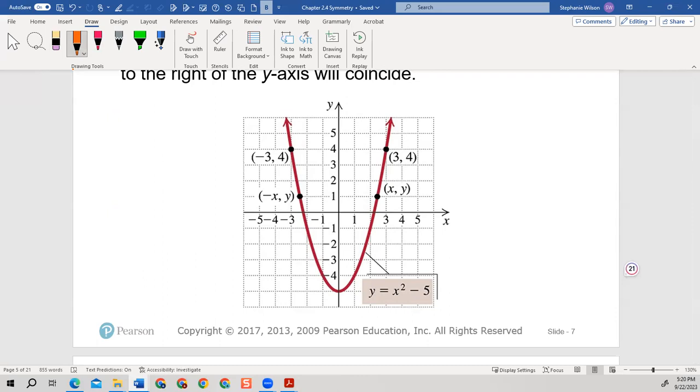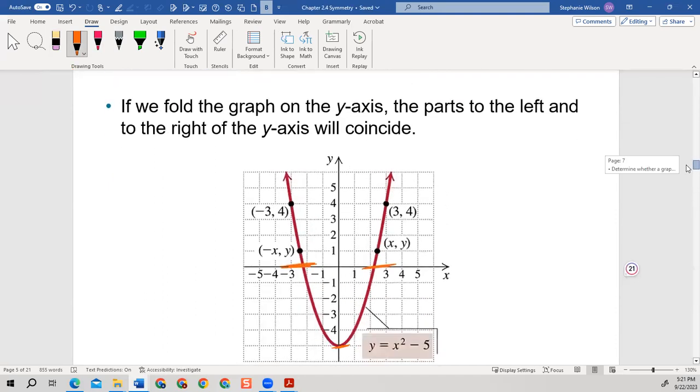We are crossing the x-axis at these points, on each side of the parabola. And then the belly sits on the y-axis. If this had opened downward, we wouldn't have crossed the x-axis, right? So this is symmetric about the y-axis.